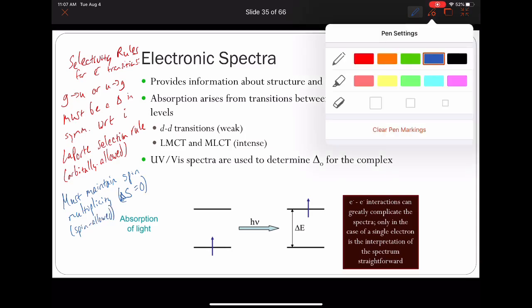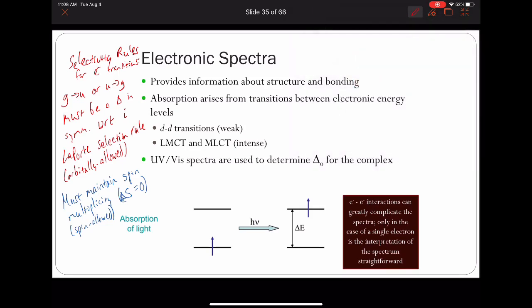So you can kind of tell that I'm about to inform you that there are systems in which we have spin disallowed transitions or orbitally unallowed transitions, or in other words, orbitally forbidden transitions. And that's absolutely true. So D to D transitions are weak because they're all Laporte forbidden, or in other words, orbitally forbidden.